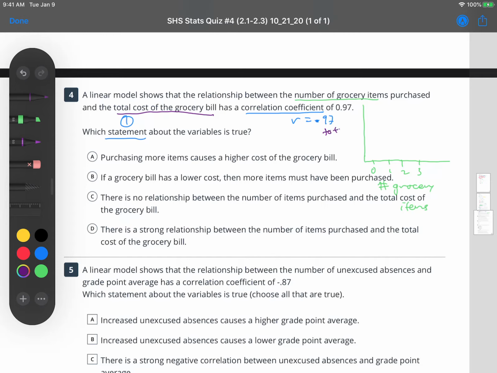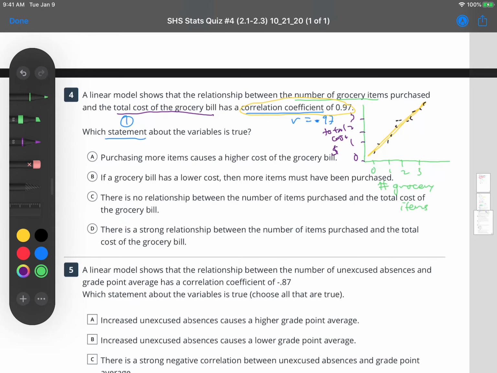So total cost, and that's measured in dollars, right? So you have something like 0, 1, 2, 3. Okay, so they're saying that the correlation coefficient is positive and very close to 0.97. So all those dots are super close to that line.